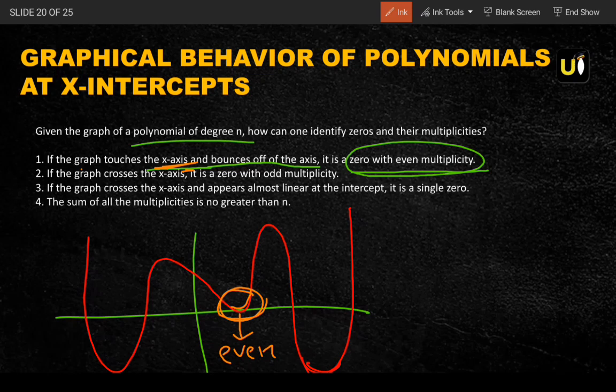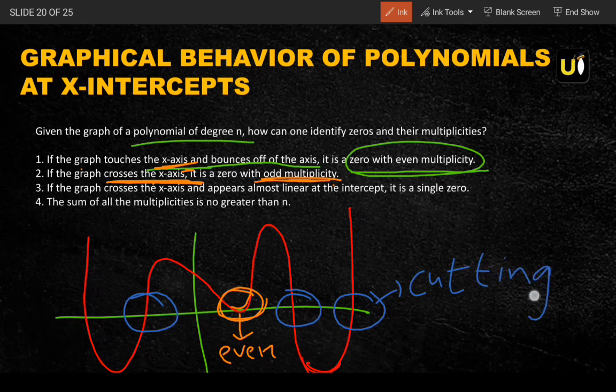Next, if the graph crosses the x-axis, it is a 0 with odd multiplicity. See here, this point and this point and this point. In these 3 points, the graph is cutting the x-axis. That means these 3 points are zeros with odd multiplicities.